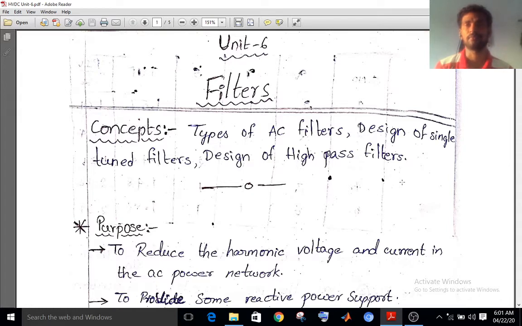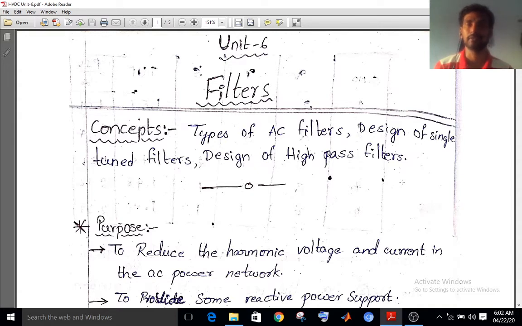These filters serve two purposes. One is to reduce the harmonic content. At the same time, at the fundamental frequency component, these filters will provide reactive power support to the HVDC transmission system.